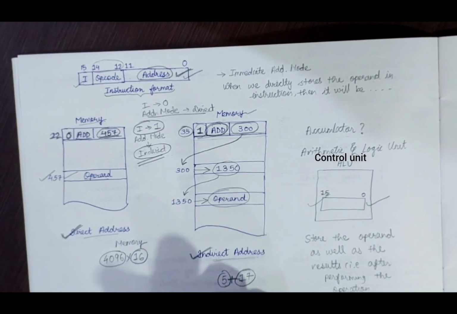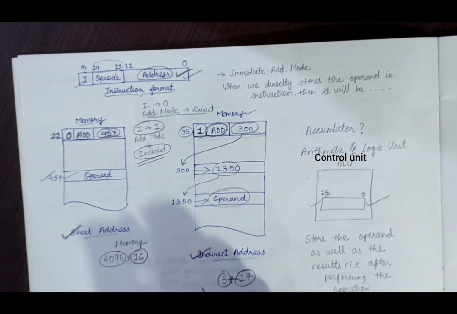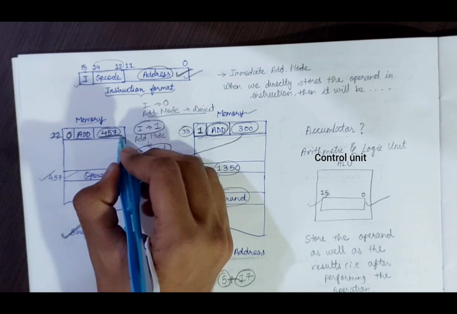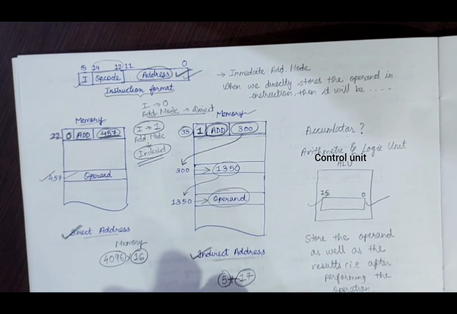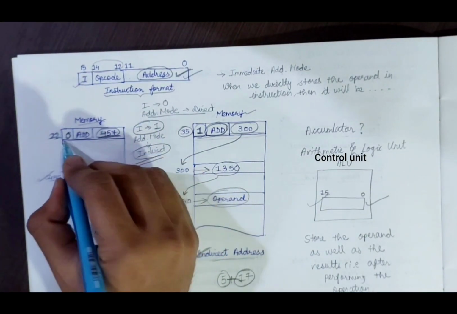Say the instruction has direct addressing mode, so the ith bit will be 0. In the data memory where 17 is stored, that address will be in this instruction. For example, if 17 is stored at address 457, then this will be the instruction.